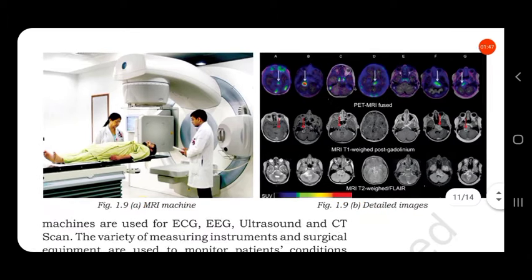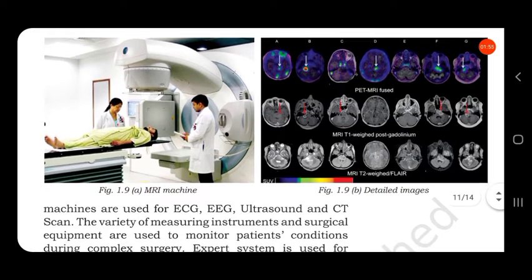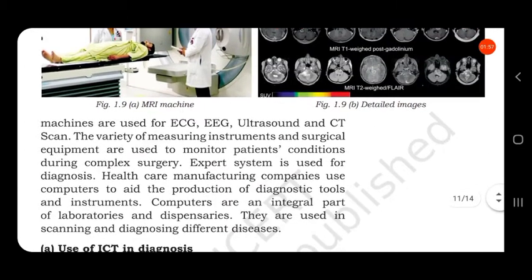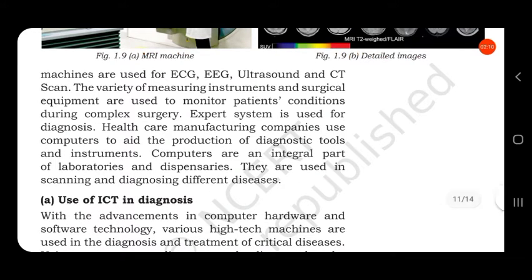You can see these machines which are used for scanning purposes are an application of information technology. A variety of measuring instruments and surgical equipment are used to monitor patients' condition during complex surgery. Expert system is used for diagnosis.